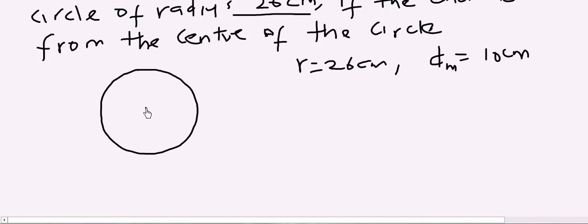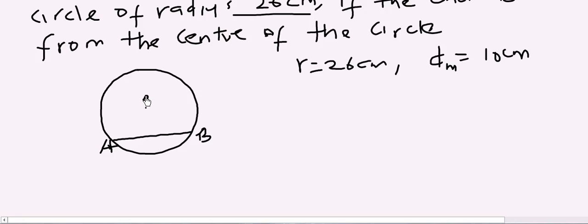This is the center of the circle. Draw the chord of that circle. Let's say chord AB. This is the center of the circle, O, and the radius of the circle is 26 cm.